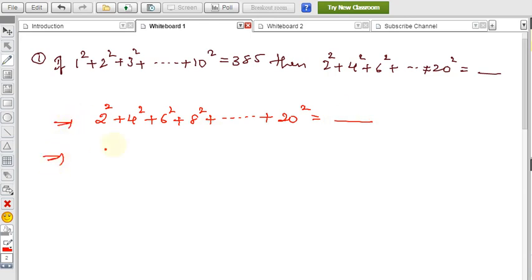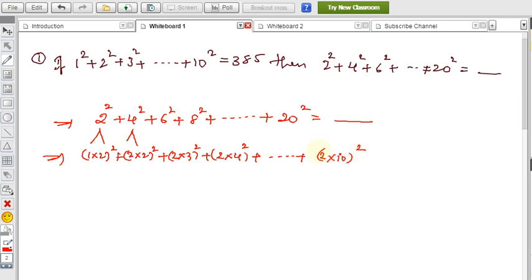So just to split this part, 2 I can write as 1 into 2 square, plus 4 I can write as 2 into 2 square, plus 6 as 2 into 3, because everything is a multiple of 2, plus 2 into 4 square, plus so on, plus 2 into 10 whole square.